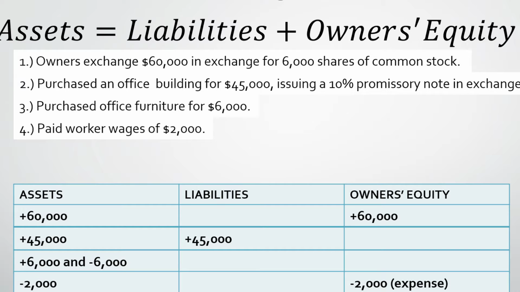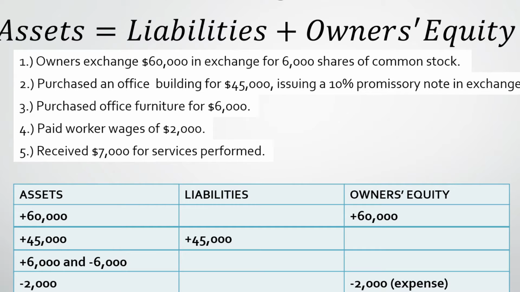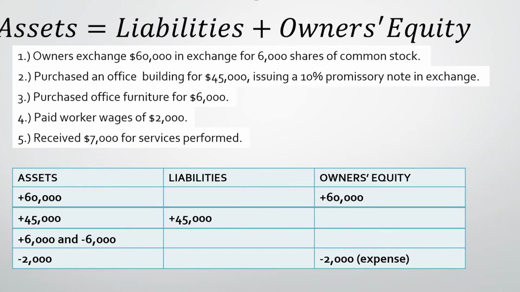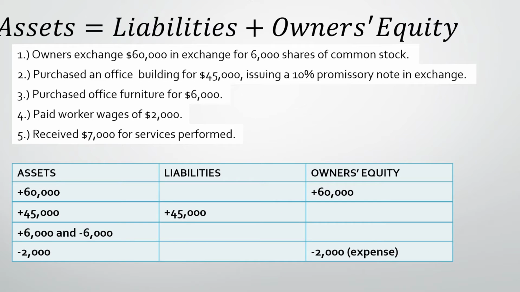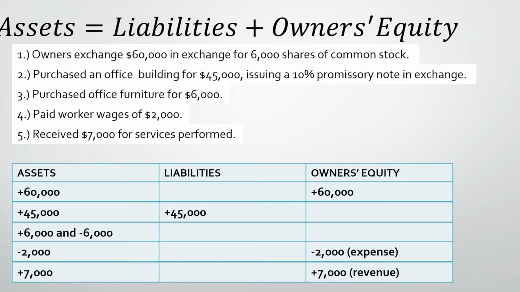Cash will go down, of course, and our equity will go down because that is an expense. Number five, receive $7,000 for services performed. Well, our assets are going up. We're getting $7,000. Revenue also goes up.